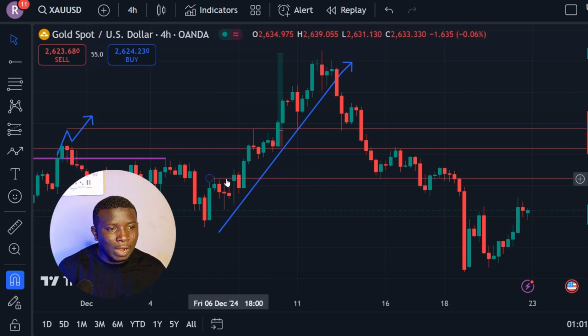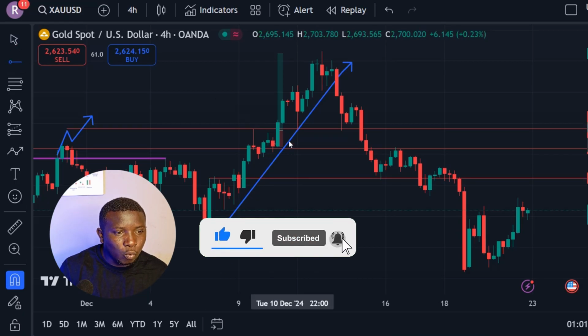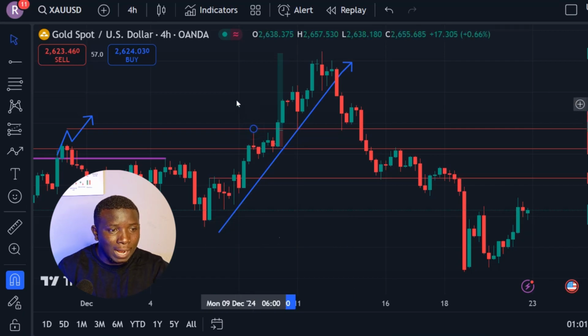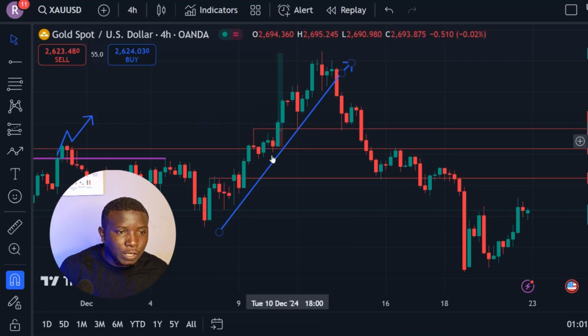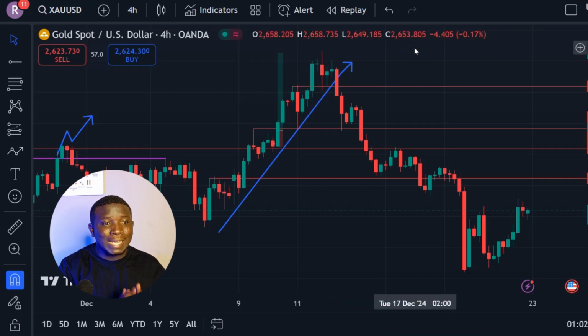The market keeps going to the upside, has a little retracement back to the downside, and this structure was also broken. So you can see on this particular trend, we have 3 different trades because this occurred 3 times when we're having an uptrend.